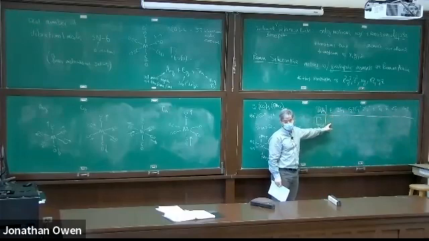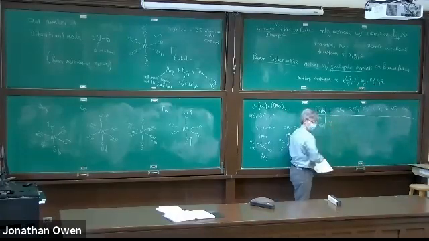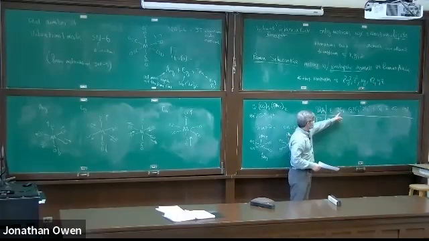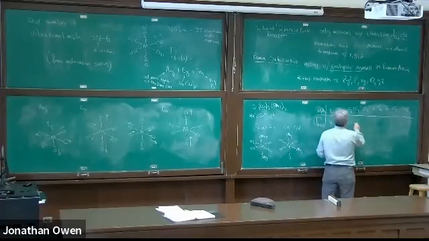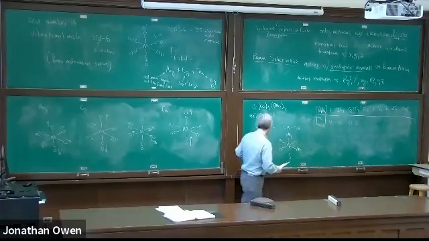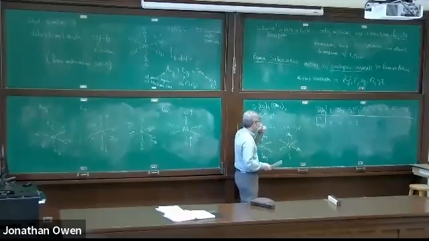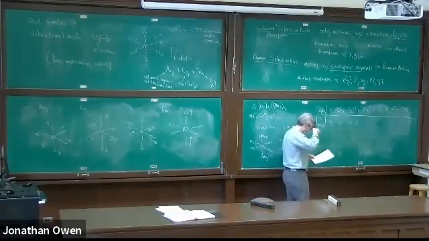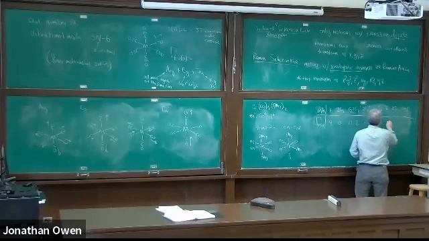We got 4 motions, they're doing nothing, so E is 4. C4, all are moving, we get 0. The C2 prime, where you have an axis going through one of the COs, 2 of them don't move, but otherwise everybody is getting 0s until we get over to sigma h.